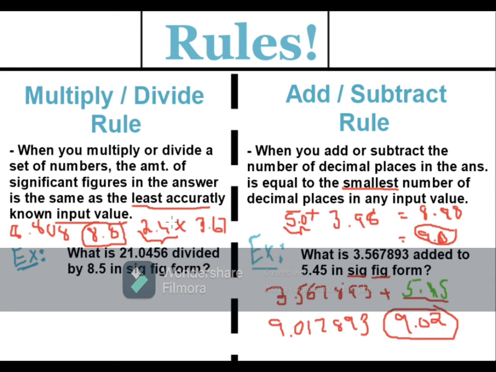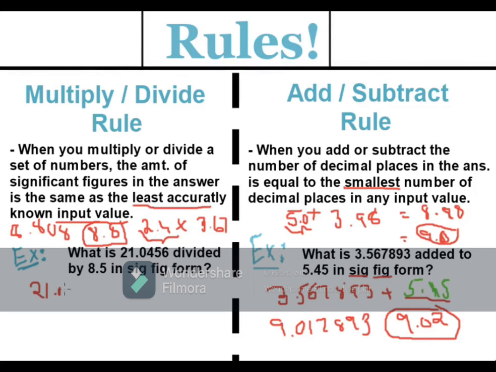Okay, now let's look at a real example. What is 21.0456 divided by 8.5 in significant figure form? So that's 21.0456 divided by 8.5.